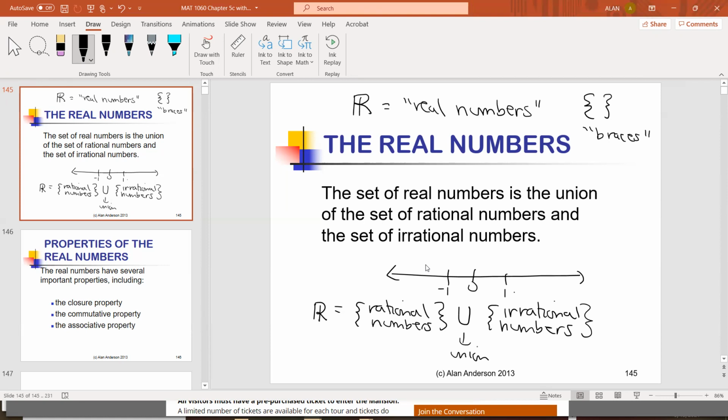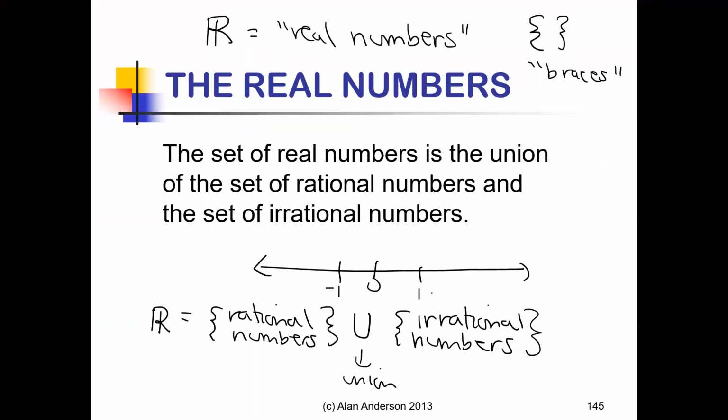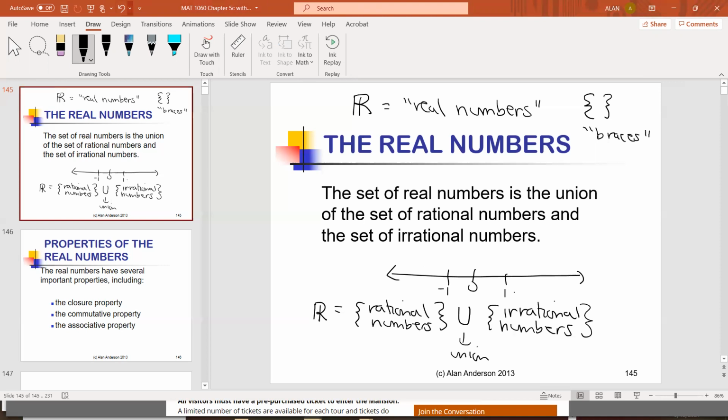Now, by the way, I also want to point out that there are no numbers that can be both rational and irrational. So in set notation, what you could write is that, let me do this on the next slide. Whoops, no, that's not what I wanted.